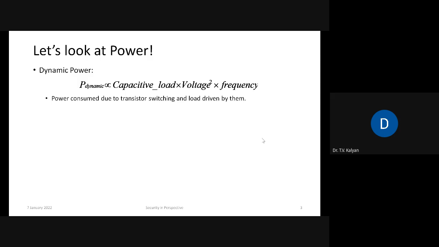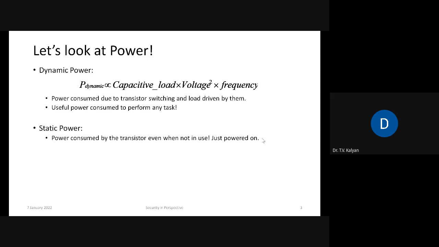Primarily it's called load. If we look at the dynamic power, we can say that it is the useful power, the reason being, even though the power is getting consumed, it is primarily doing the task that we want to do. The other component of the power is static power.